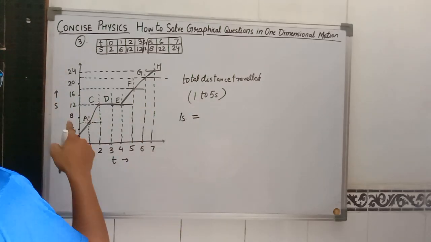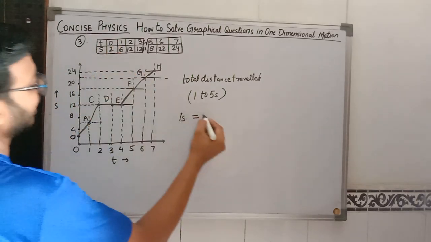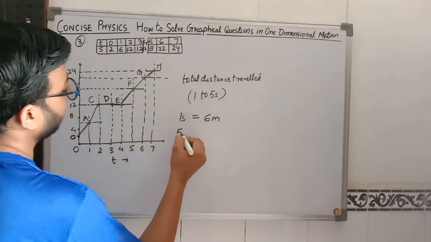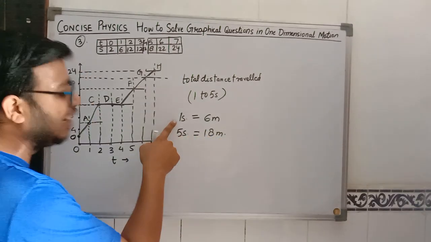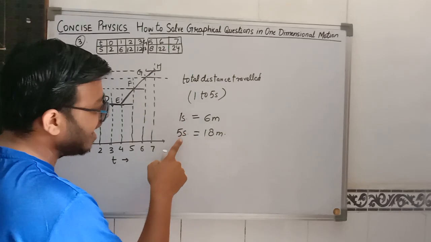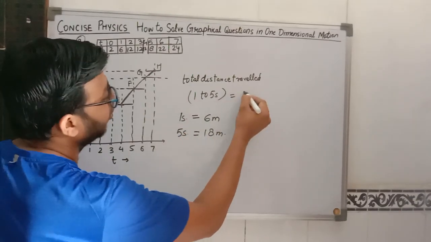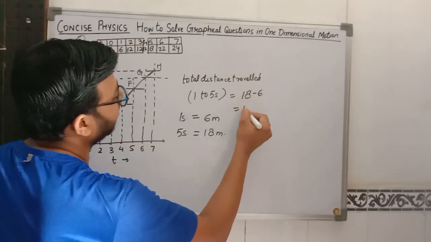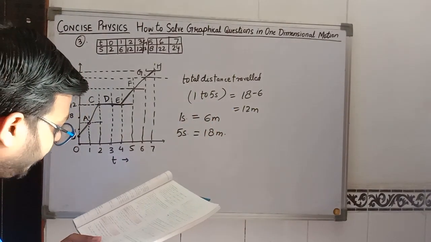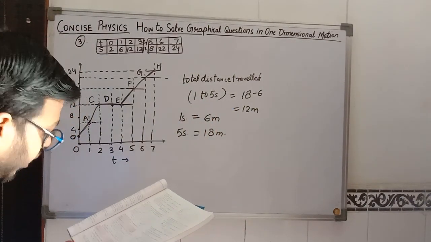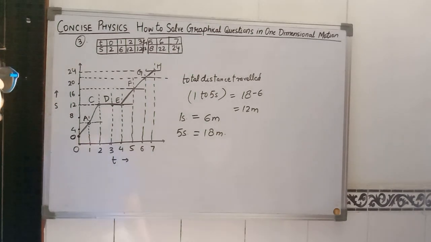At 1 second the displacement is 6 meters, and at 5 seconds the displacement is 18 meters. So the answer is 18 minus 6, which is 12 meters during this time interval 1 to 5. And we have to find the average velocity in the time interval 1 to 5.